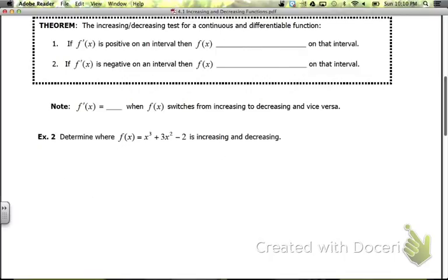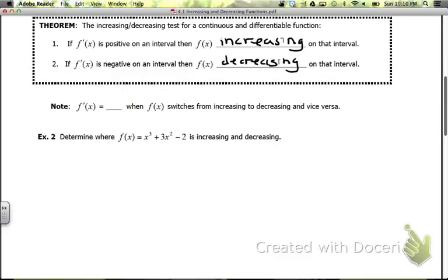So now looking at our theorem, the increasing, decreasing test for a continuous, differentiable function. If f prime of x is positive on the interval, then f of x is increasing on that interval. And if f prime of x is negative on an interval, then f of x is decreasing on that same interval.